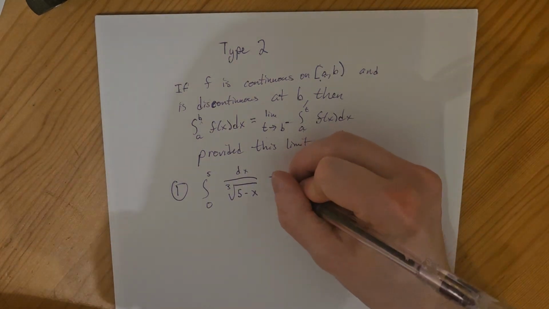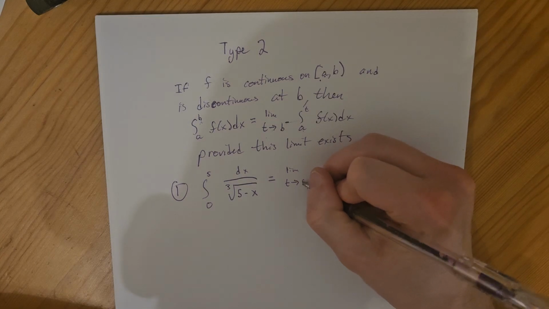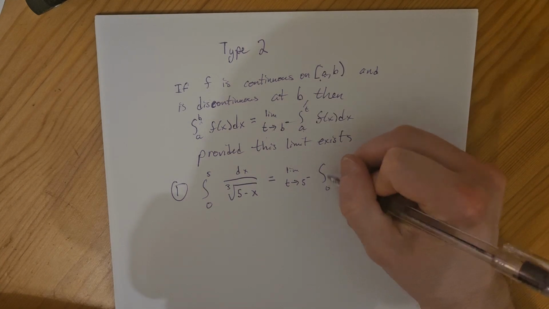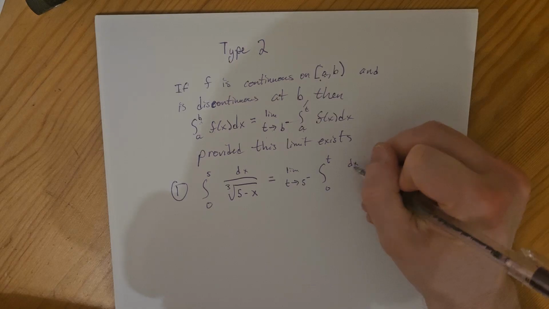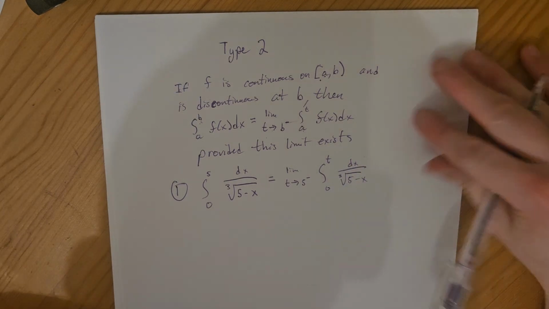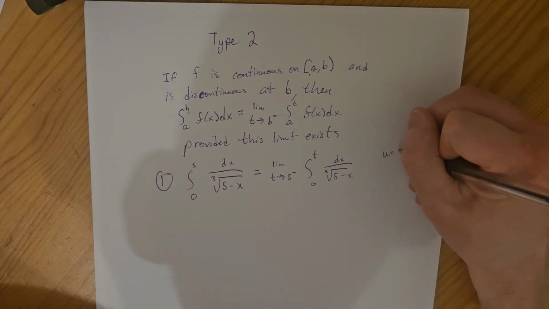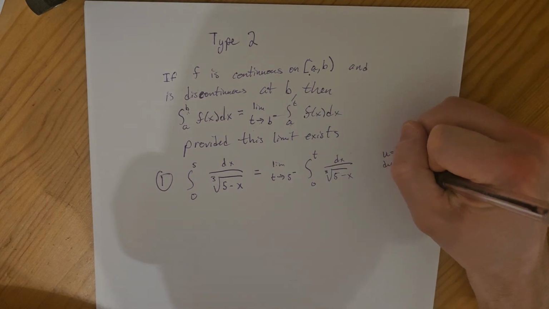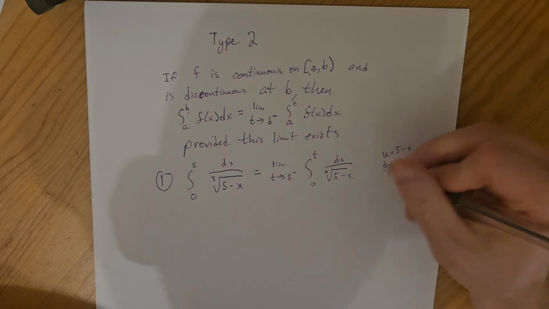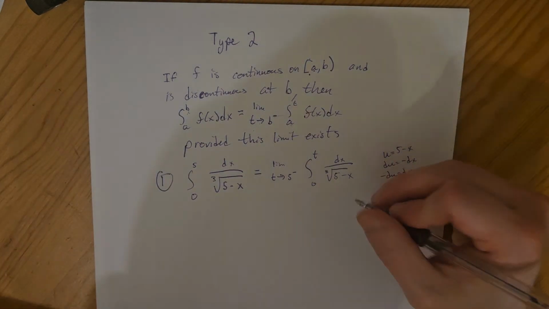So the first thing we're going to do is rewrite this as the limit as t goes to 5 from the left, integral from 0 to t, dx all over the cube root of 5 minus x. And now, as before, we solve this using a u substitution. So u is 5 minus x, du is equal to negative dx, or in other words, negative du is equal to dx.